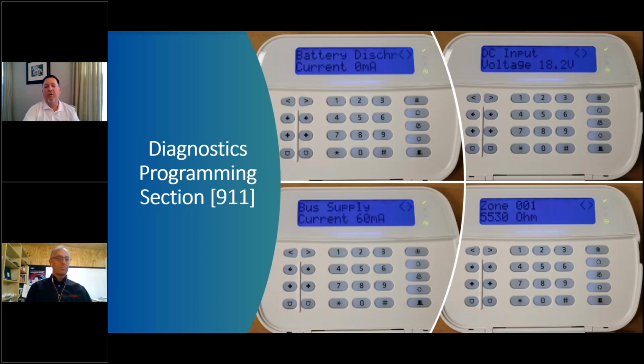This is what some of the screens will look like when you're in this section, allowing you to review the information. For example, here's where a battery is sitting, or the input coming in to the board is at 18.2. We might have a resistance value at 5.5. And is that good enough, or is that going to be stable in the application? So all sorts of information can be determined in section 911 on this panel, and drilling it down into what we used to pull a meter out of the truck for.